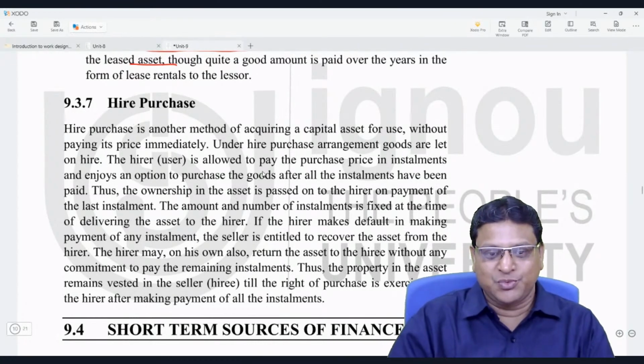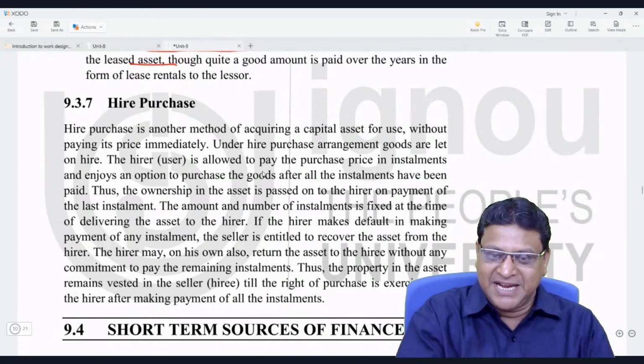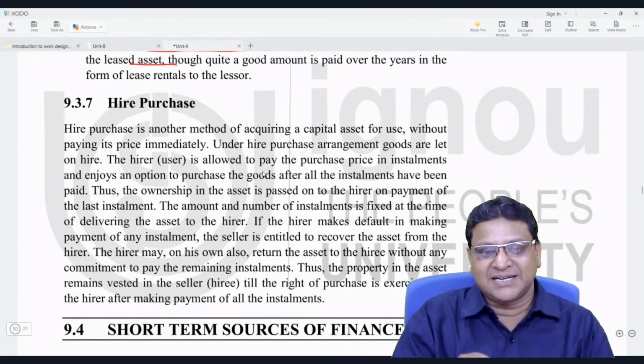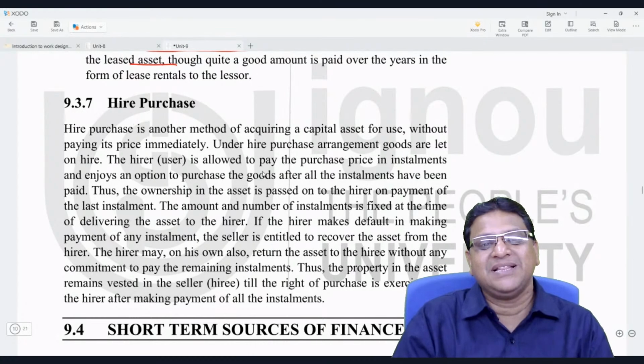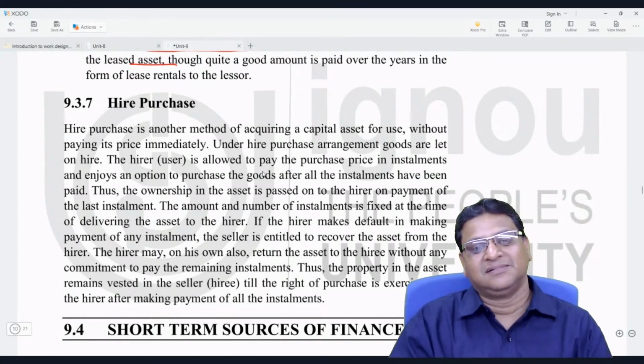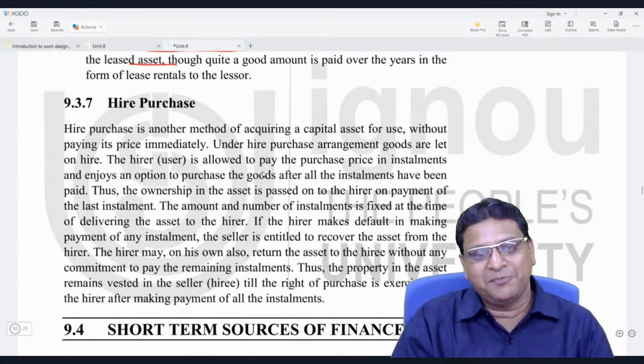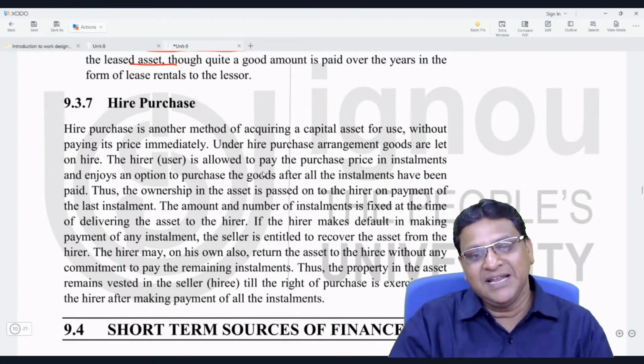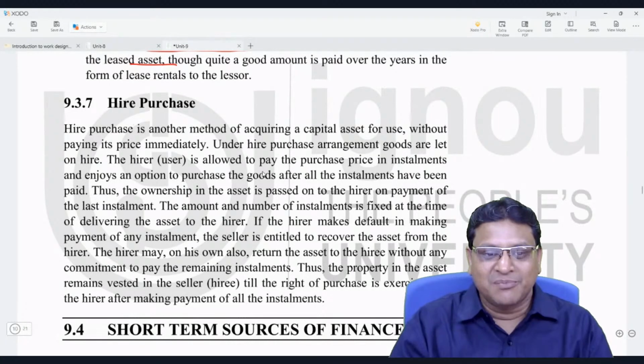That means for the remaining 80 crores, you get the asset financed by the hire seller. In this case, the hire vendor provides finance to you by selling the goods in installments.